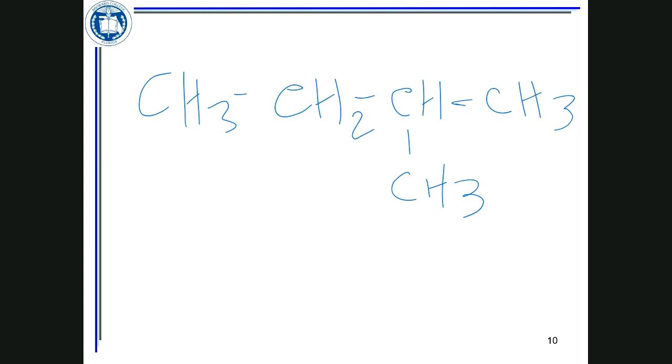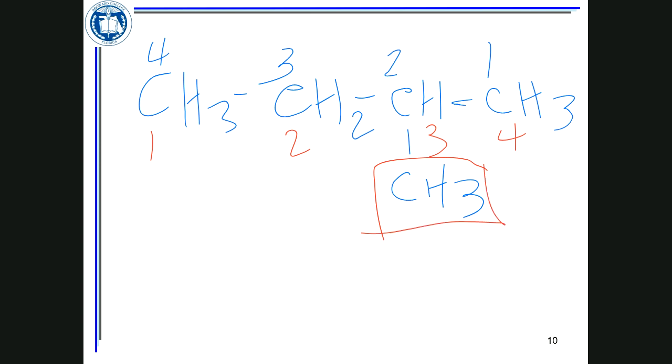From the right side. Why should I number it from the right side? If I number from the left side, it's going to be 1, 2, 3, 4, and only one is correct. If I number from the right side, the branch, which is the methyl group, is going to be on carbon number 2.